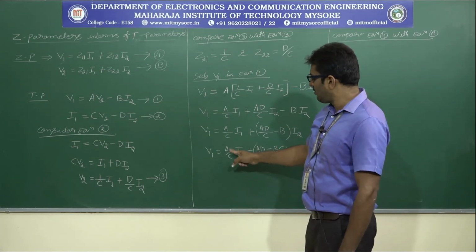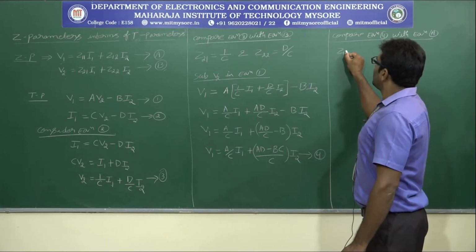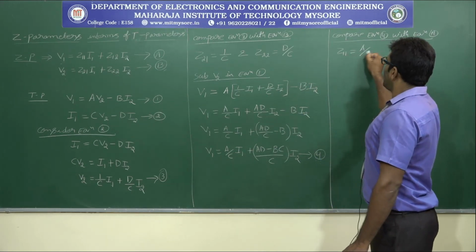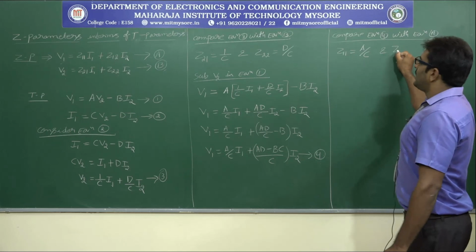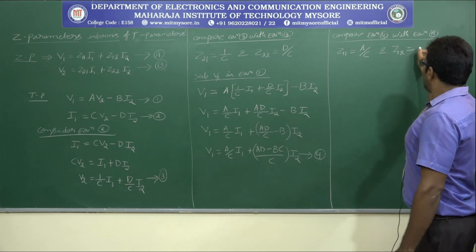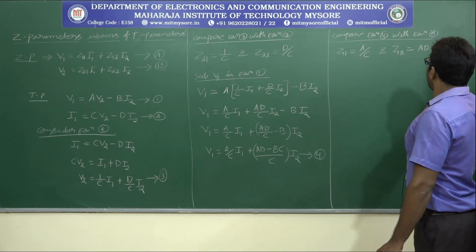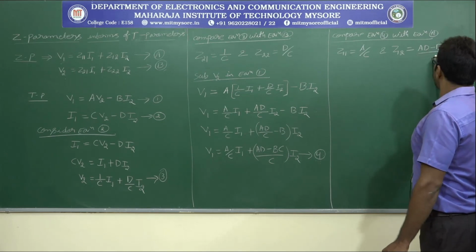What is the coefficient of I1 here? A by C. Therefore, Z11 is equal to A by C, and Z12 is equal to AD minus BC, the whole thing divided by C.